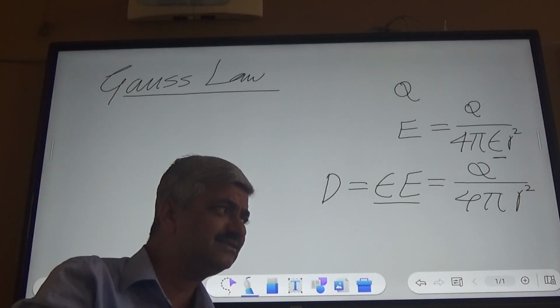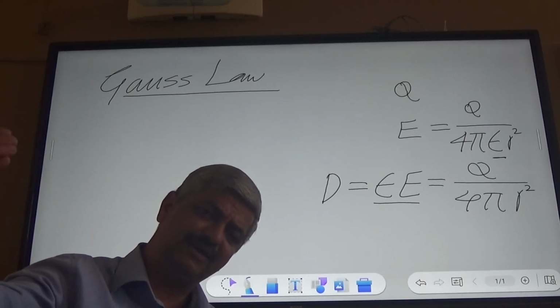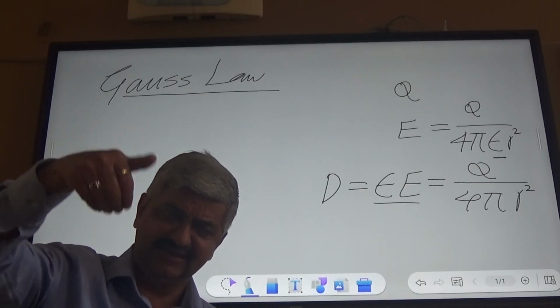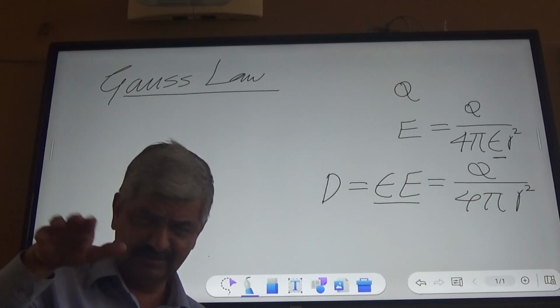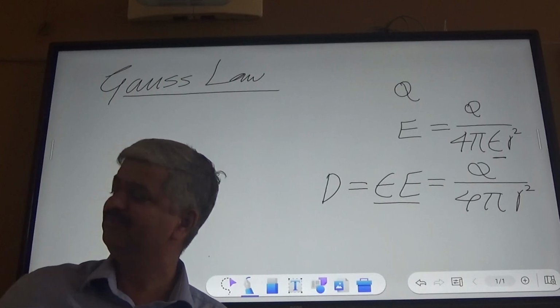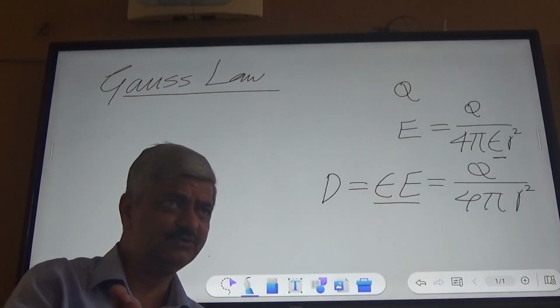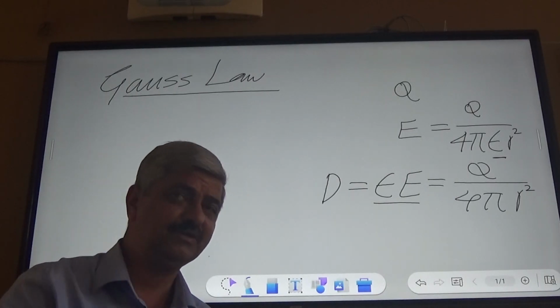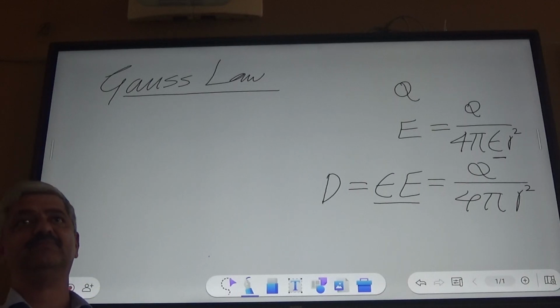In some cases, in normal utterance, even in some books, you may find that the word density may or may not be used. So electric flux is used, it is electric flux density D, and electric field intensity E, we use the term electric field also. So electric flux over a closed surface.